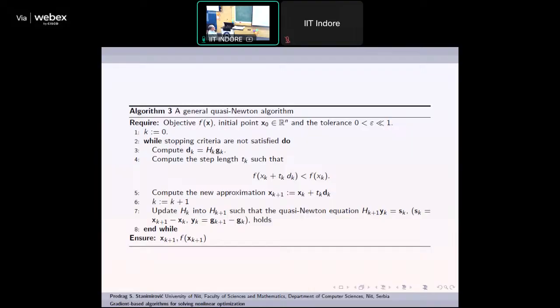Compute the step size using an inexact line search, for example backtracking, or another. Compute the new iterative point, update the iterative steps counter, and find the new approximation of the inverse of the Hessian. And when we finish this cycle, we will return the output.